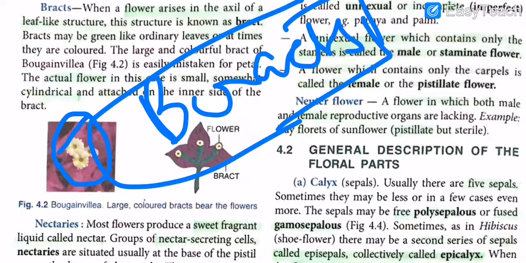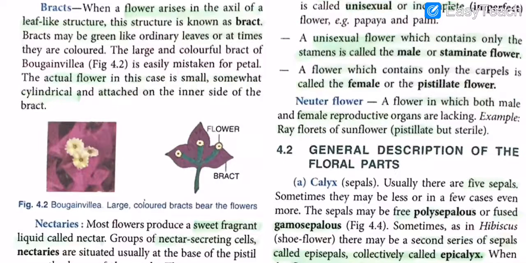Most flowers produce a sweet, fragrant liquid called nectar. Groups of nectar-secreting cells, called nectaries, are situated usually at the base of the pistil or on the bases of the petals. A lot of flowers, as I said in the beginning, produce sweet nectar, and that is one of the main reasons that attract insects to the plant. How do you think insects take the pollen grains?